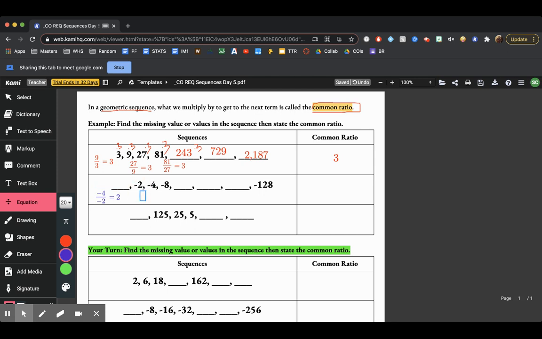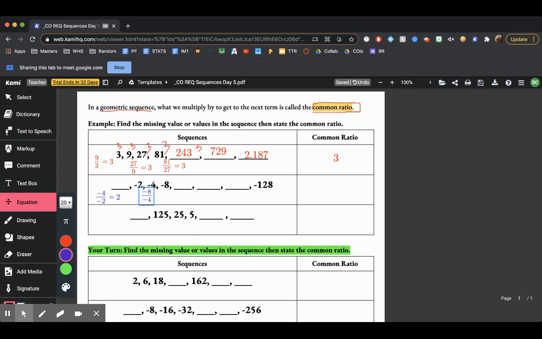Then we have the next one, -8 divided by the previous number, which is -4. Look what happens when I'm using this: the equation tool moves my negative and leaves it out here, and I don't want it there. I want it next to the 8.